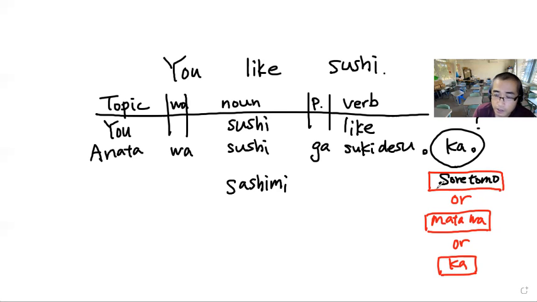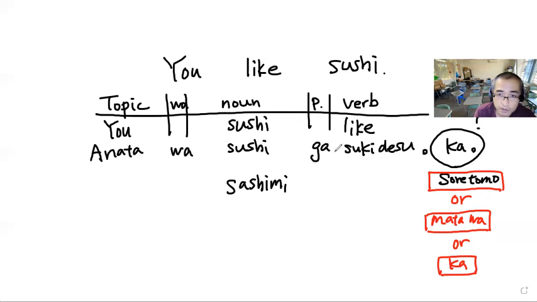Generally speaking, for question sentences, we use それとも. Of course, some exceptions exist, but if you want to use or for question sentences, I do recommend you use それとも.